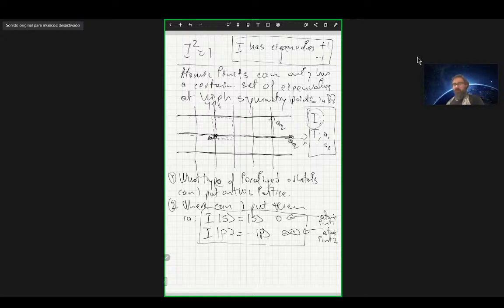But there are some other points in the lattice that are special. For example, this point is called 1b. It's mid bond. Now, 1b is not invariant under inversion because inversion maps it to the mid bond. For example, inversion in the x direction maps it to the mid bond of the previous unit cell.